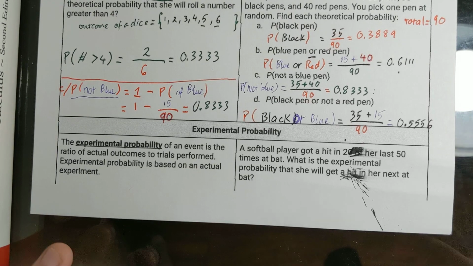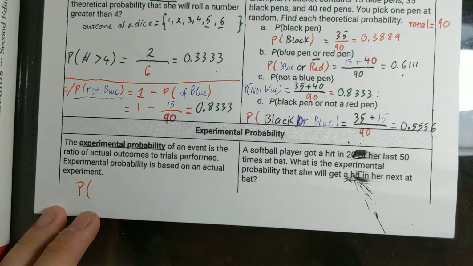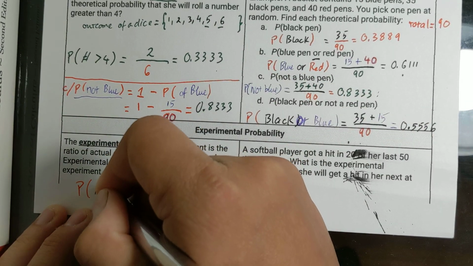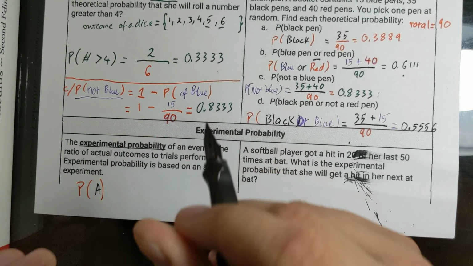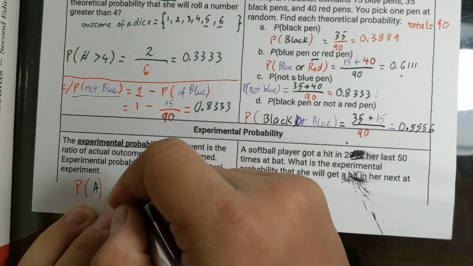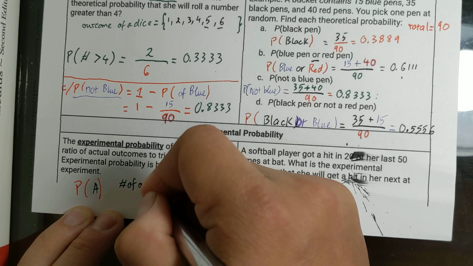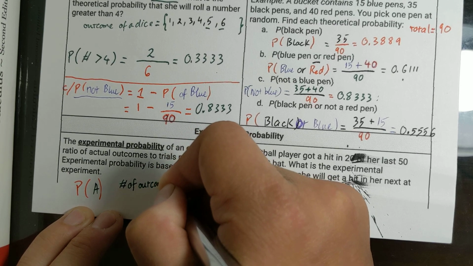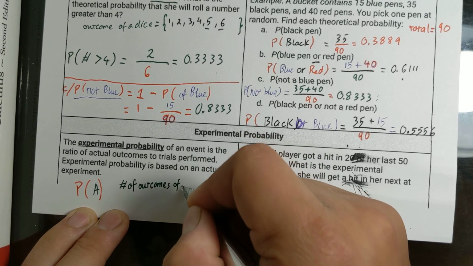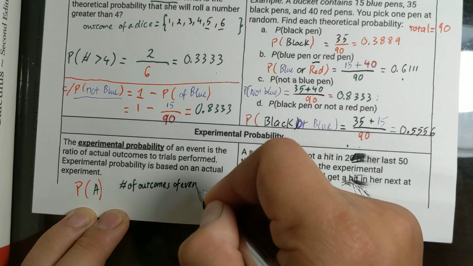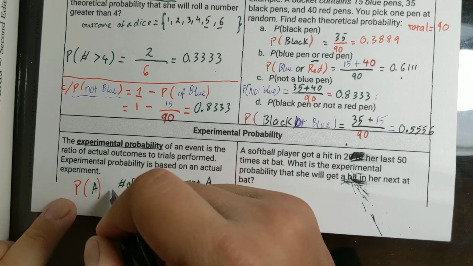So the formula stays the same. It doesn't change. It's still the probability of an event A is the number of outcomes of event A over the total.